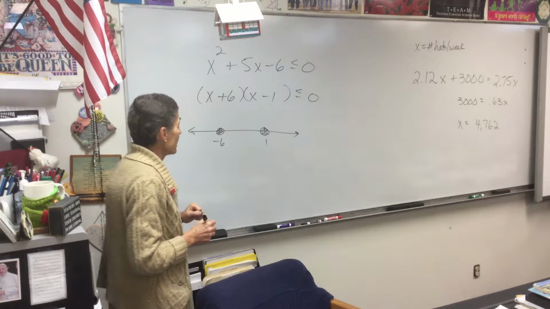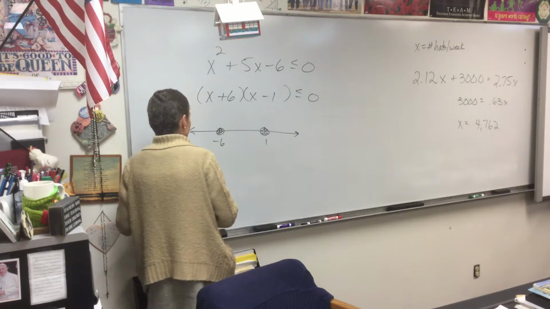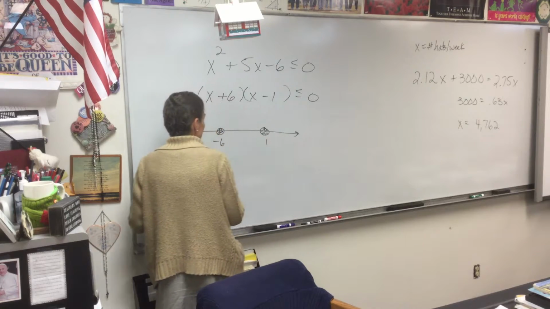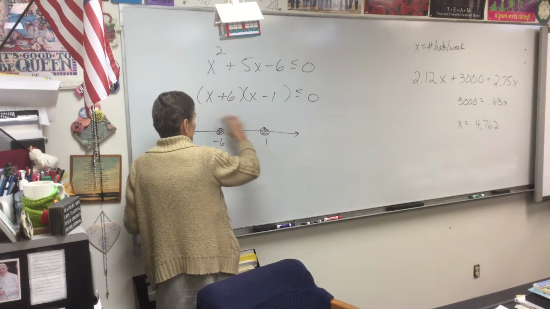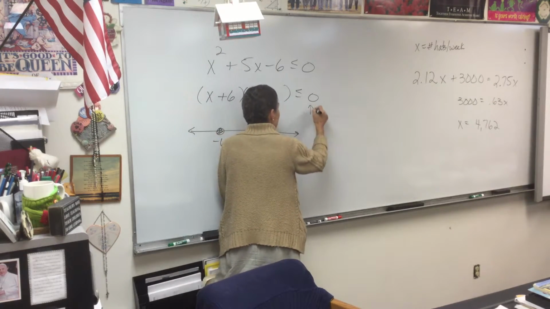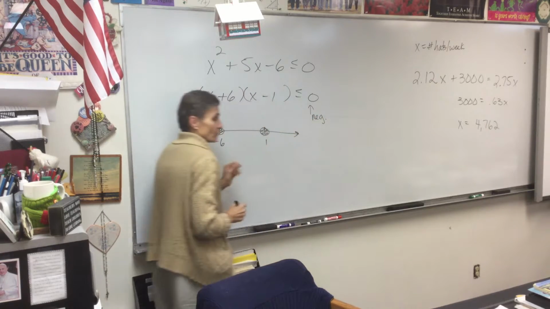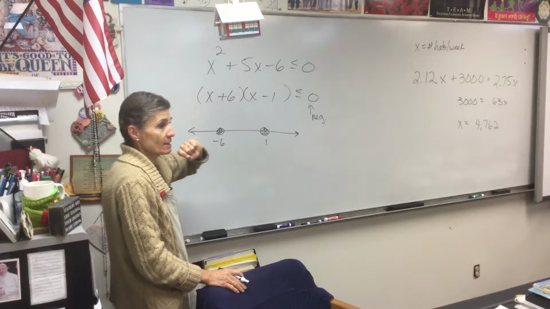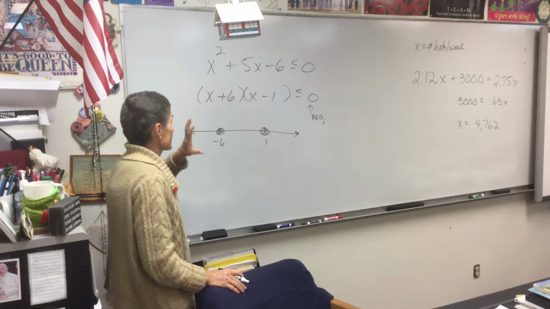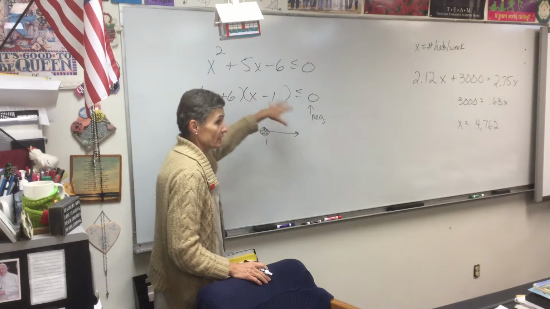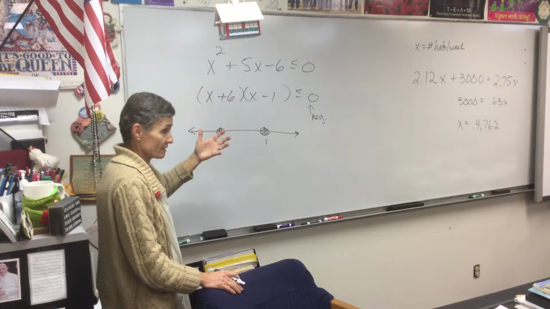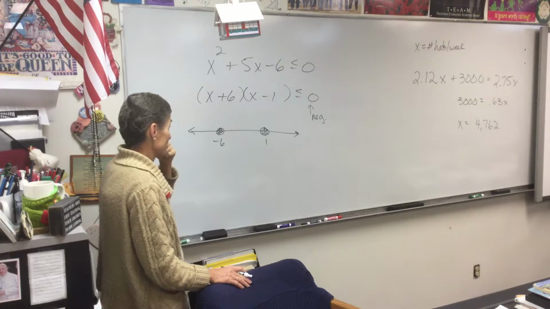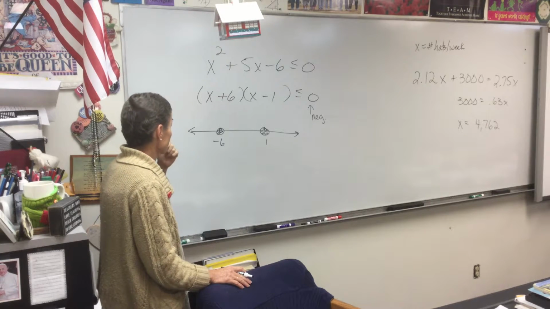And I need to find areas of this number line where numbers produce a negative answer. Less than 0 means negative. Some numbers that I plug in will give me positive answers. I have to find the places that give me negative answers.